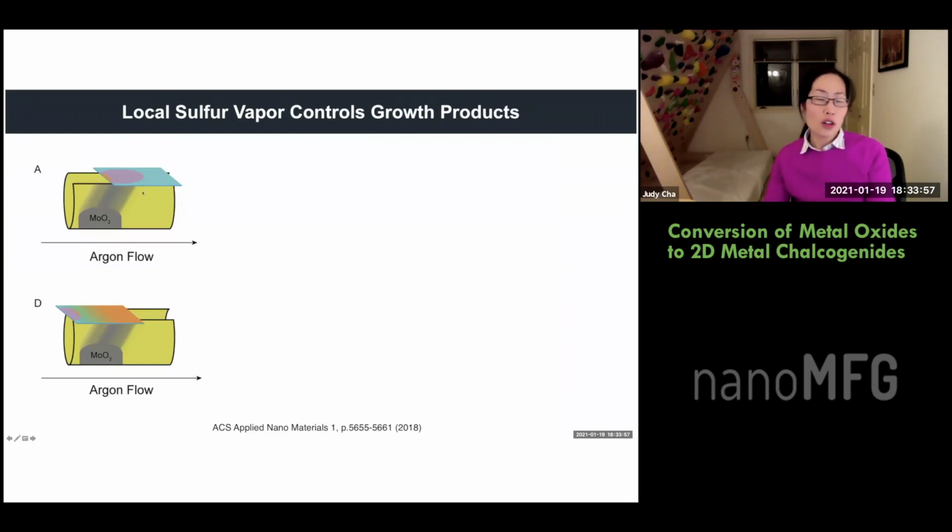So we all know that it's very sensitive to the vapor pressure, to the vapor environment. Because sulfur vapor pressure and moly trioxide vapor pressure are very different, and also the transport of these species is very different, just the minute differences in how you load your substrate can greatly affect the outcome.